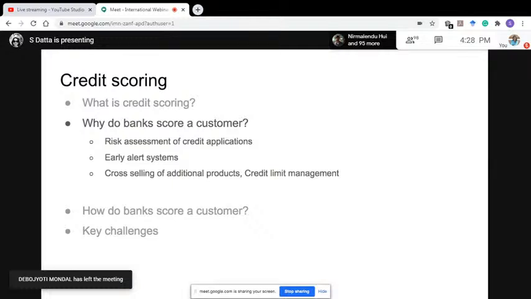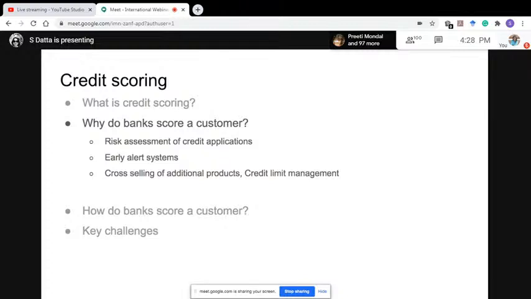And cross-selling of additional products as well, we'll talk about the business intelligence part a little bit more, and it fits into that more, that you can use this information to see if there are any additional products that you can offer the clients. So these are a couple of reasons why.